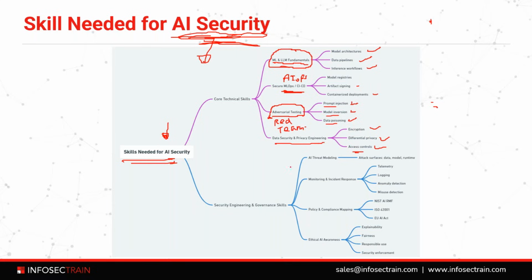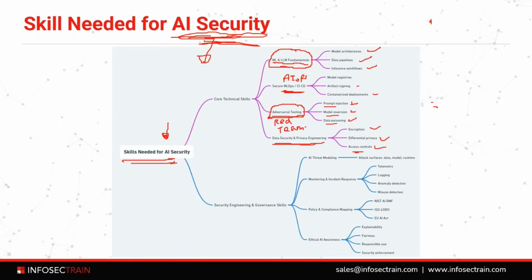Now, what was there in this purple color over here? That was using AI for security. So if you're from your security side, this is the skill that you need. If you're from your offensive side, this is the skill you need.